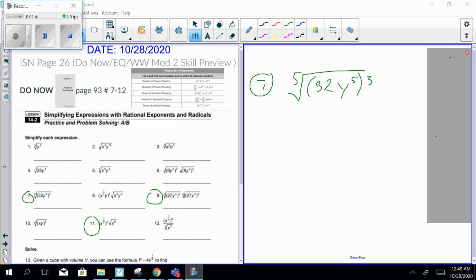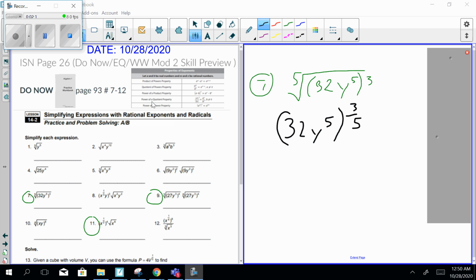Our first step is to rewrite this radical and put it in rational exponent form. So to do that, let's keep our group in parentheses. And remember that you always put the exponent over the index. So all of that group is going to be raised to the 3/5 power.